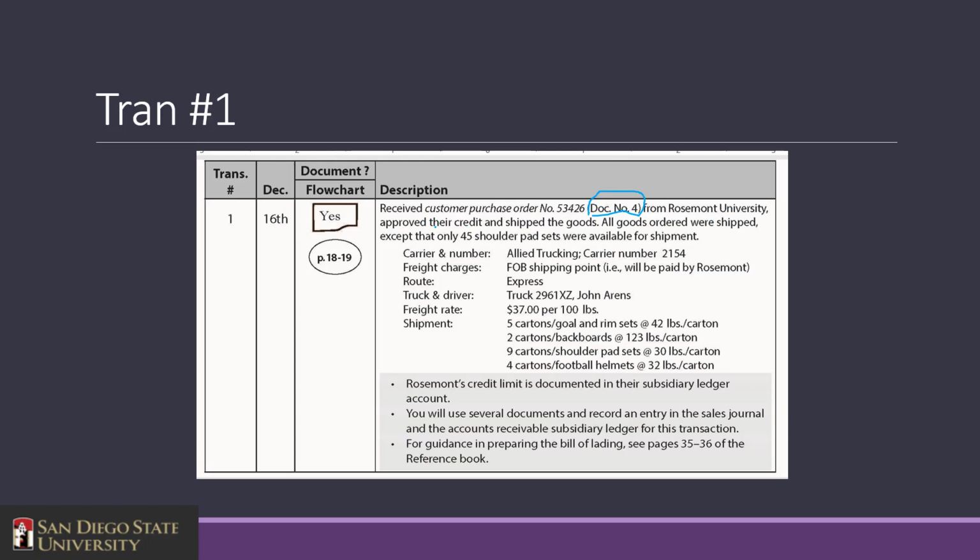Their credit has been approved, so we need to approve their credit and ship the goods. That's what they did on December 16. You will have to assume the employees' roles to do all these actions.